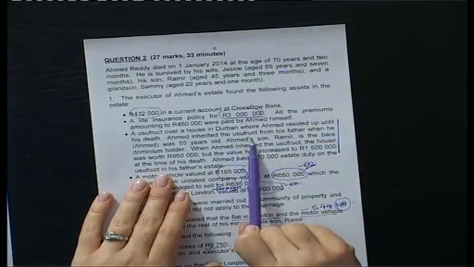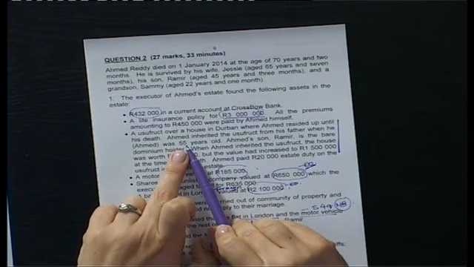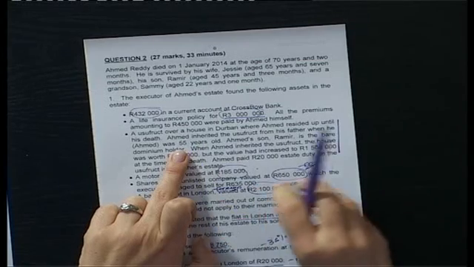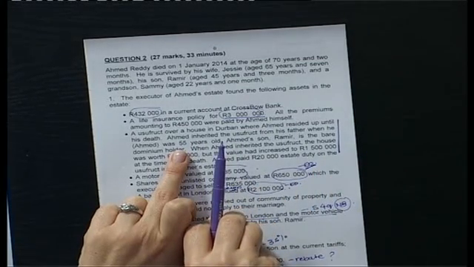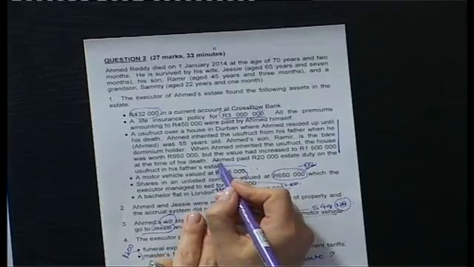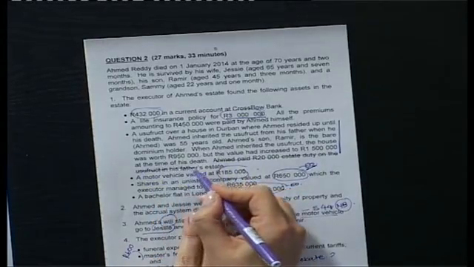Ahmed has died at the age of 70. When he inherited this property, he was 55 years old. So more than 10 years have passed from when he first inherited it to now when he passes away. So the rapid rebate succession will not be applicable here and does not need to be calculated. So this little sentence becomes irrelevant, so we can cross it out.